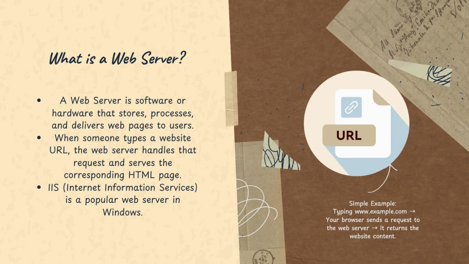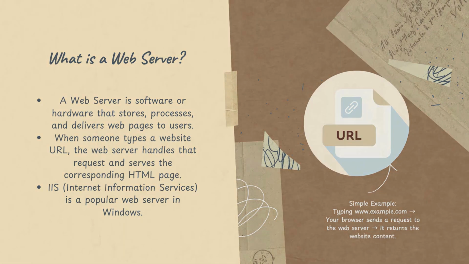In my case, IIS was the web server. So when someone types a website URL, the web server handles that request and serves the corresponding HTML page. For example, you can try canva.com or ekascloud.com in your browser. Your browser sends a request to that web server, and it returns the website content.